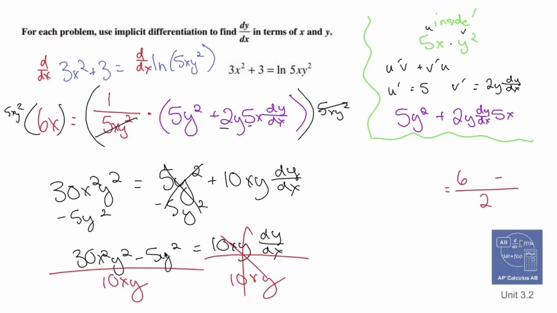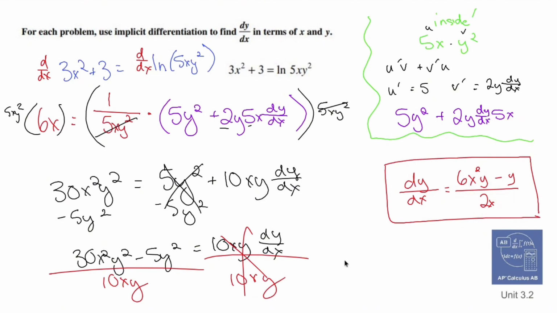There's no x in common, so x squared becomes x. But they each have a y in common, so y squared becomes y, and y is now gone. And so that leaves us with dy/dx equals 6x squared y minus y over 2x.